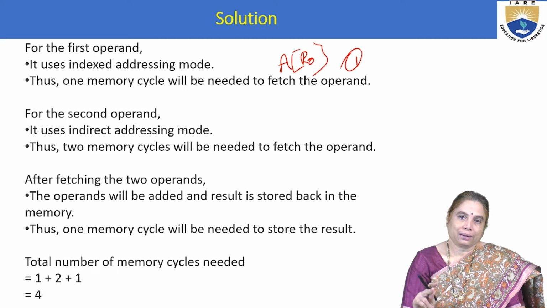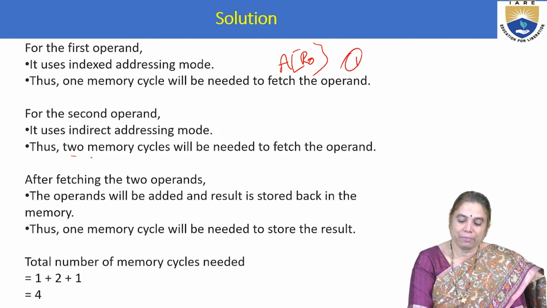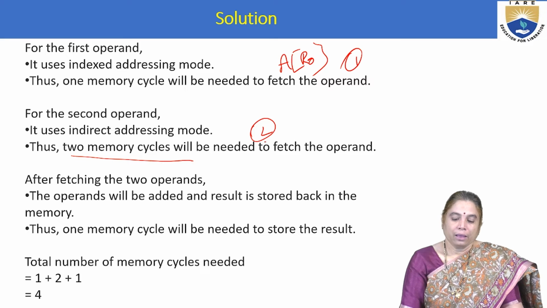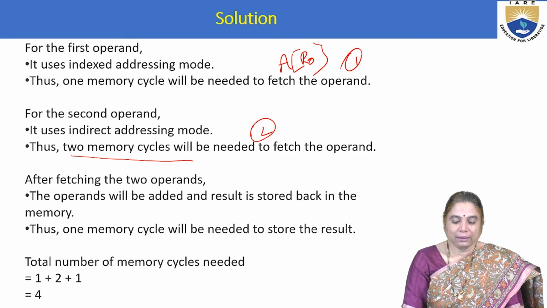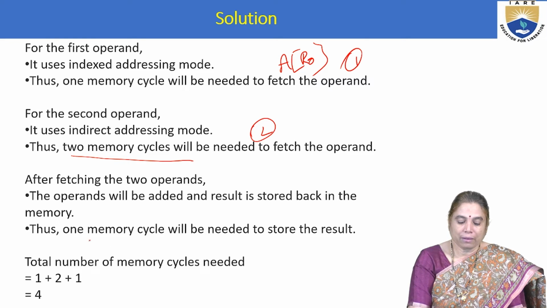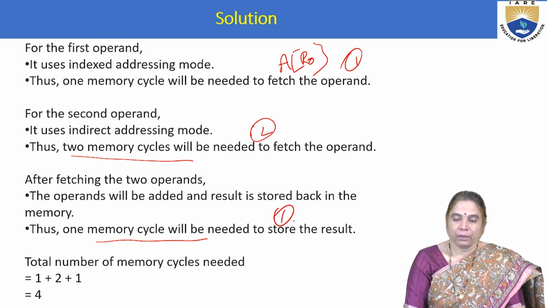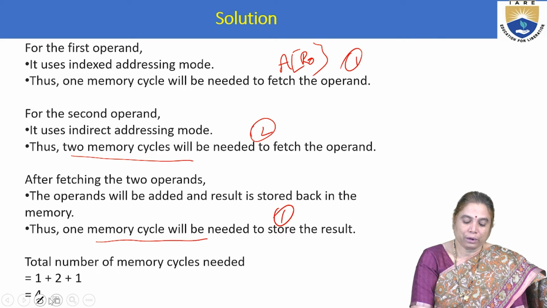For indirect addressing mode, 2 memory cycles are required. After fetching the 2 operands, the operands are added and the result is stored back in memory. So it requires 1 memory cycle. So 1 plus 2 plus 1, a total of 4 memory cycles are required to execute the instruction.